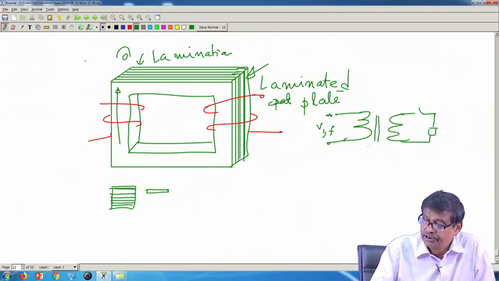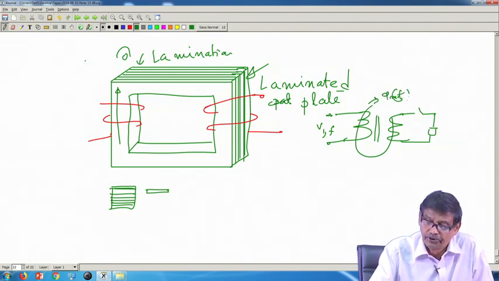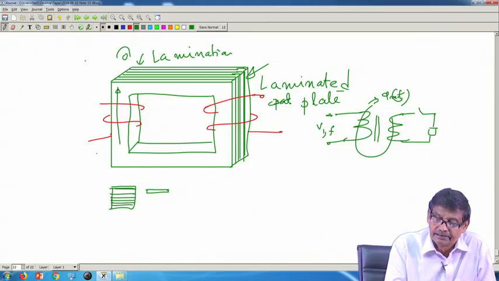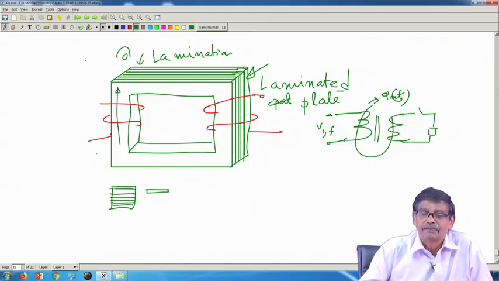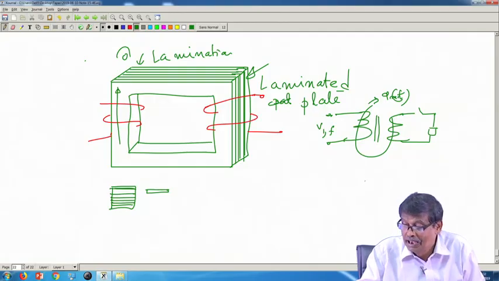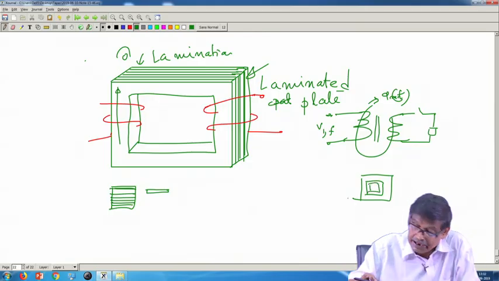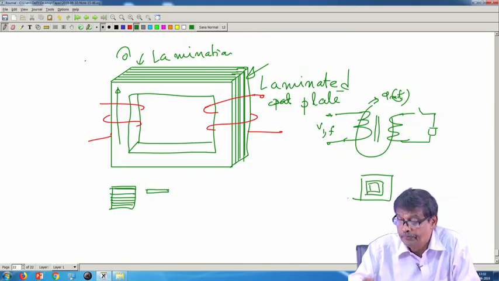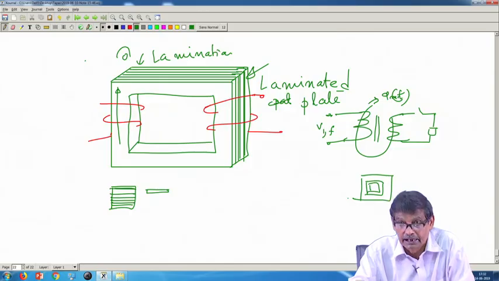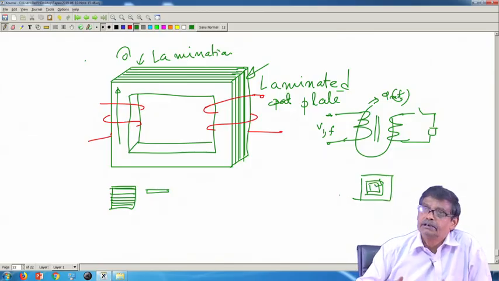Now, when you close it, alternating phi(t) is produced, which is flowing like this, and there are eddy current losses. You can also think, oh, then I have applied the voltage, and in the core there were turns existing, they had induced voltage in the same way as your secondary coil had induced voltage, and they were driving current. You can also think like that.